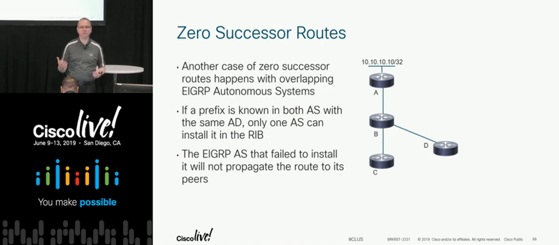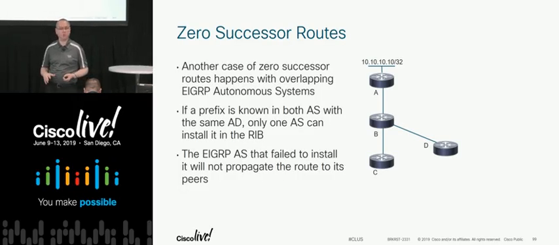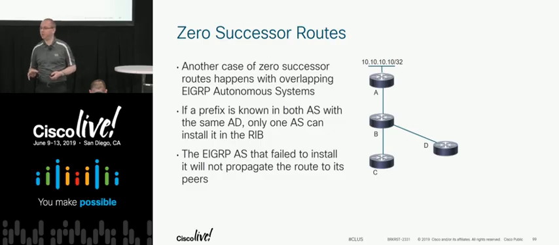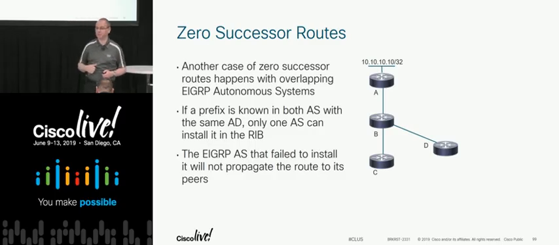The first one wins, and it's totally a race condition. It depends on the timing. So the first process wins, the second loses, even if they have the same administrative distance. And the second process will not be able to advertise the route anymore. Keep this in mind if you do run multiple EIGRP processes and they happen to be running and learning the same set of networks. They will fight themselves out from the routing table.